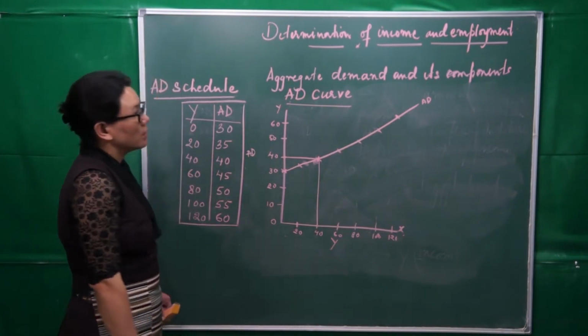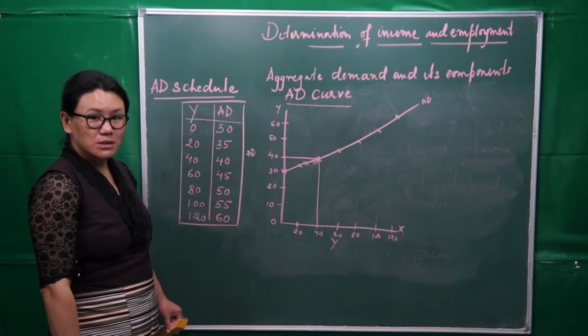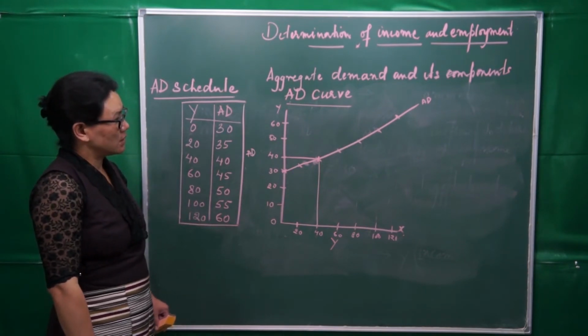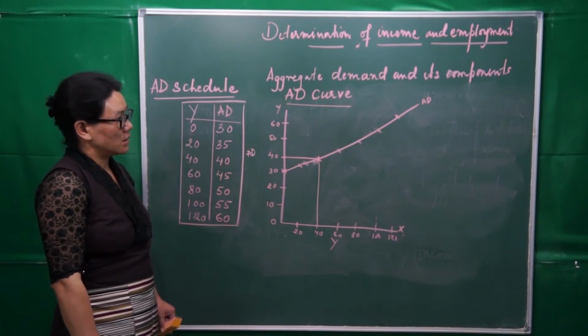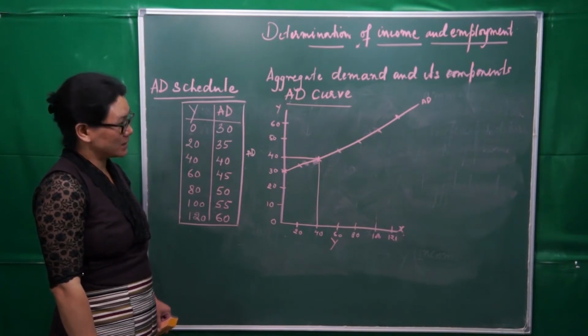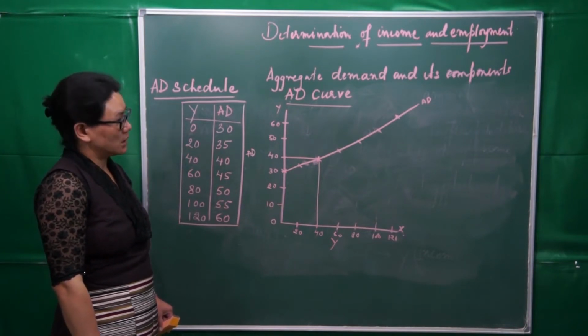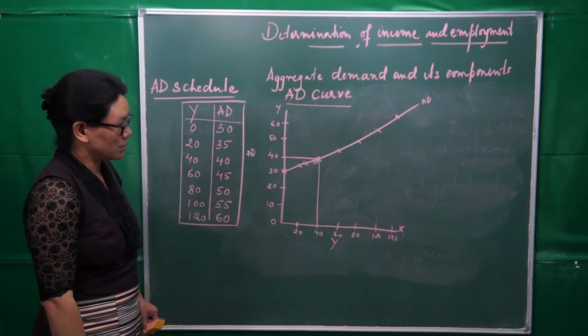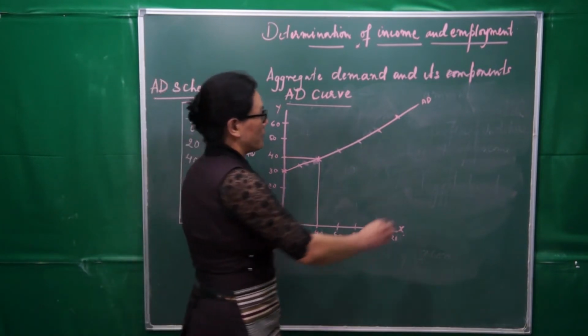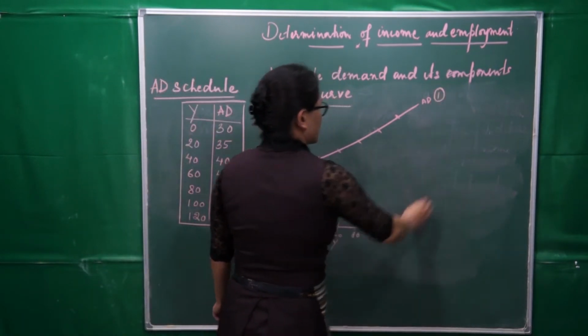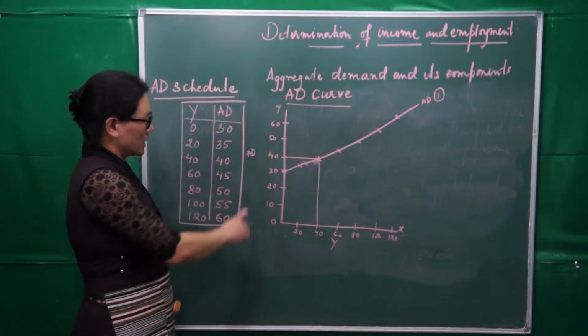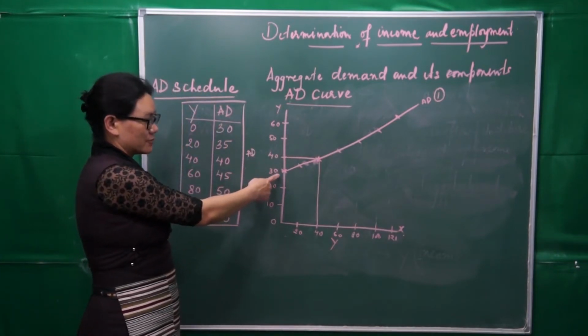Now, we'll see this and I will start listing down the observations that I'm getting in this. First one, AD starts from 30.